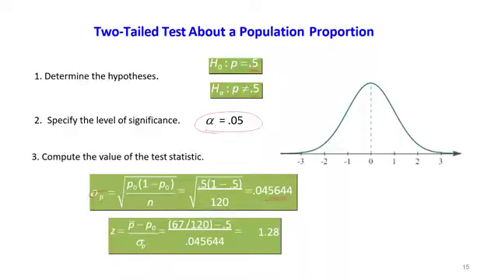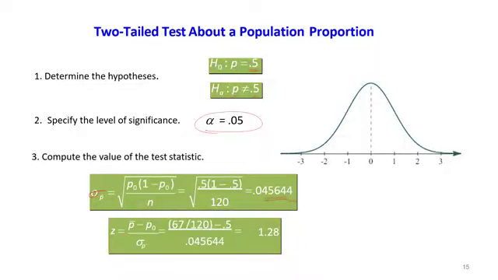So this is my sigma. As we are calling it sigma, we are using the population proportion here, which is given in my problem. We are not going with a sample proportion. We are going with a population proportion. So with this, we can calculate the sigma.